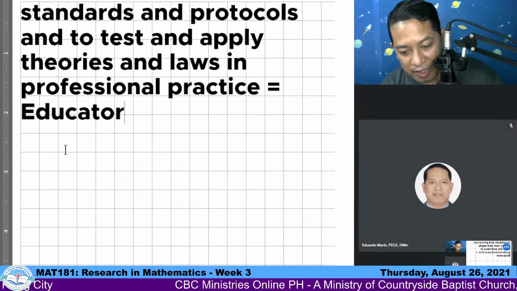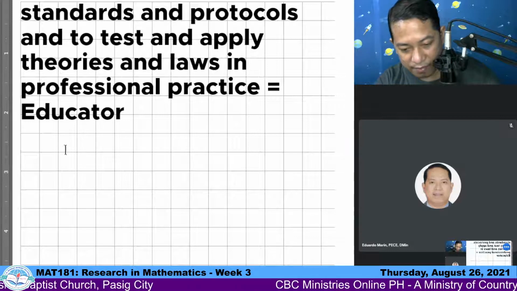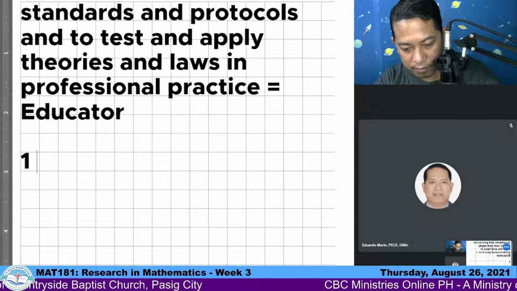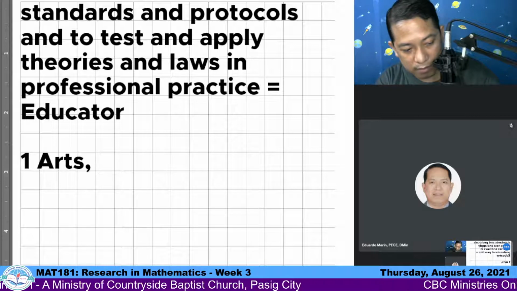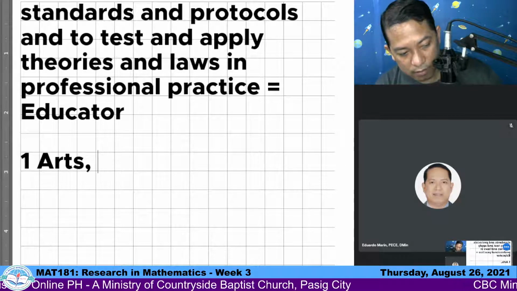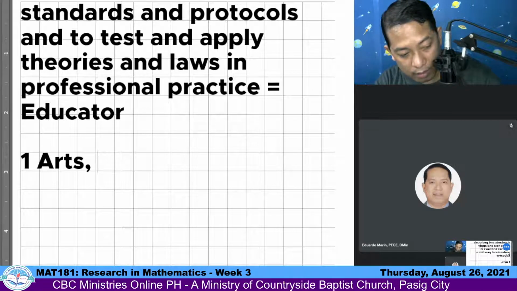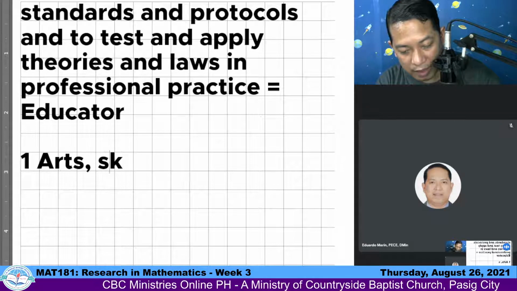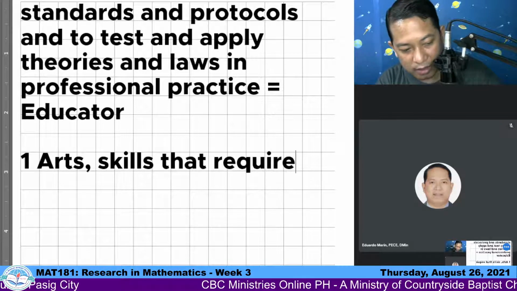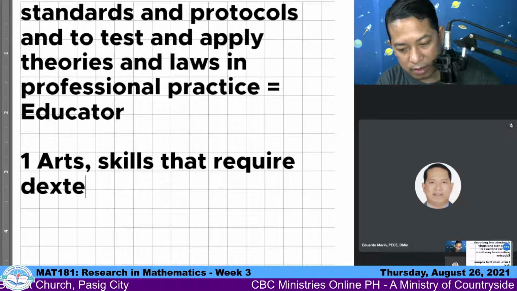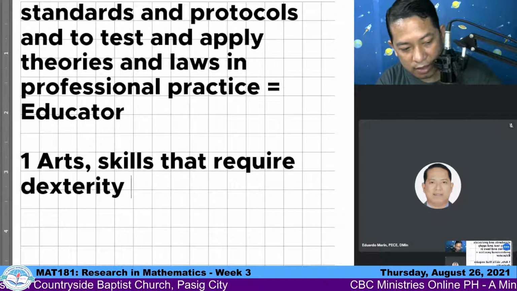So we could have an example here, perhaps in arts. Okay, so perhaps a research about the skills that require dexterity and proficiency.